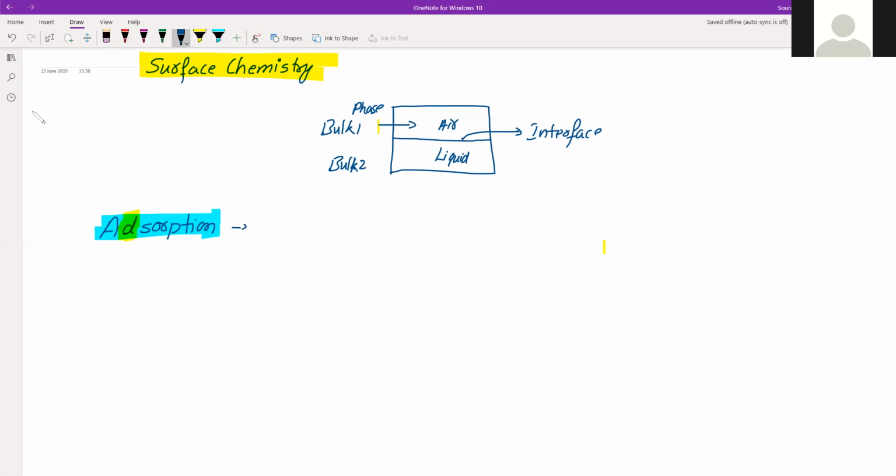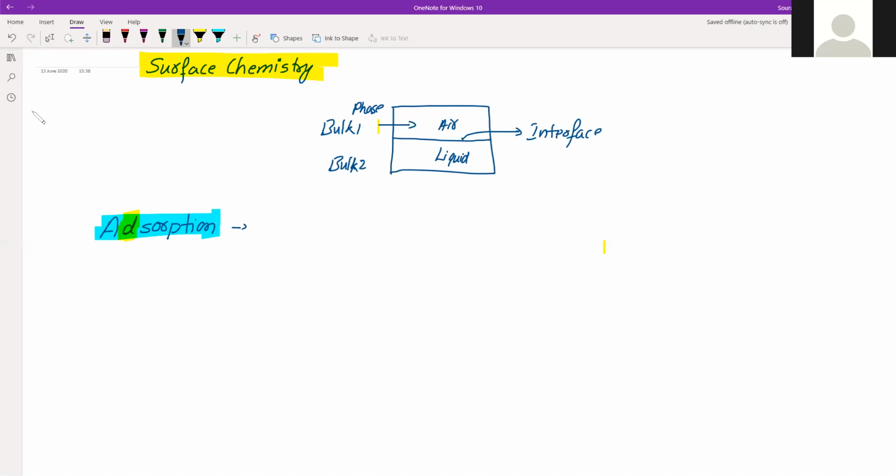So they don't go deep inside the bulk of the substance, they remain on the surface. As a result, the concentration of gas or the solute on the surface of the solid increases.